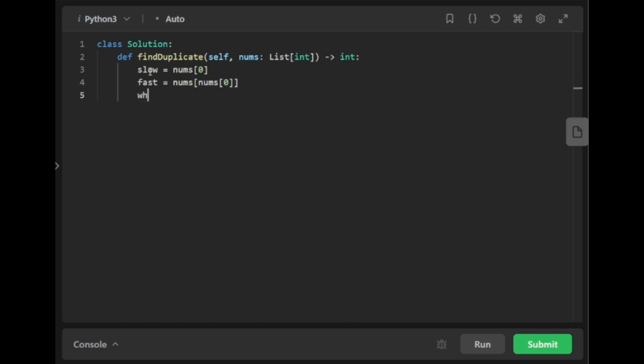Then while slow is not equal to fast, we will move our slow by 1 step and our fast by 2 steps.